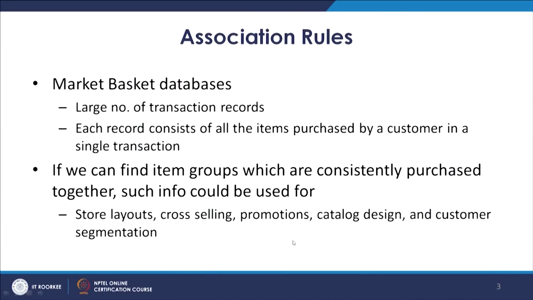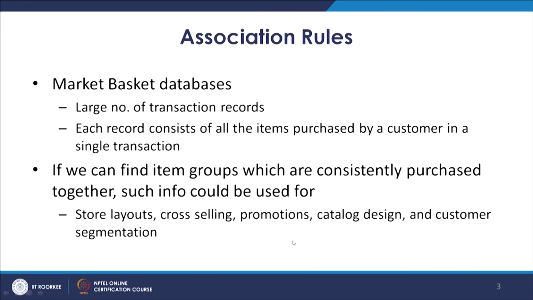As you can see, market basket databases are about a large number of transaction records, and each record consists of all the items purchased by a customer in a single transaction. So, in a single transaction the items that are purchased become one record, and similar transactions come from other customers.